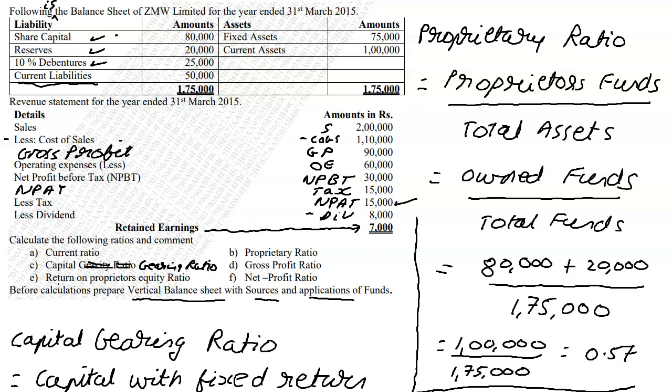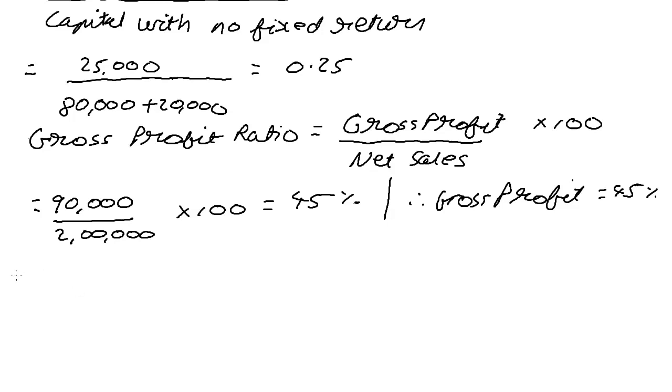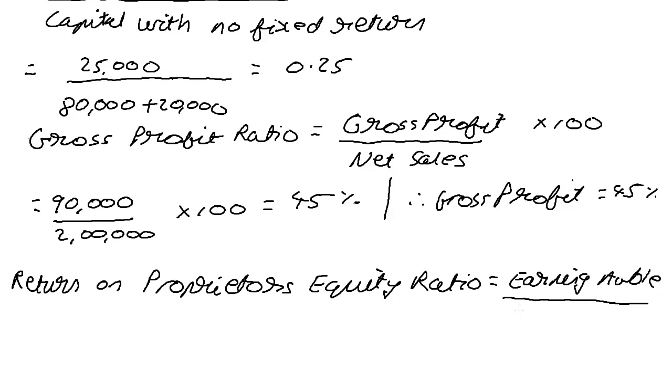The formula that we have here, return on proprietor's equity ratio, is equal to earnings available to equity shareholders upon owned funds or funds invested.